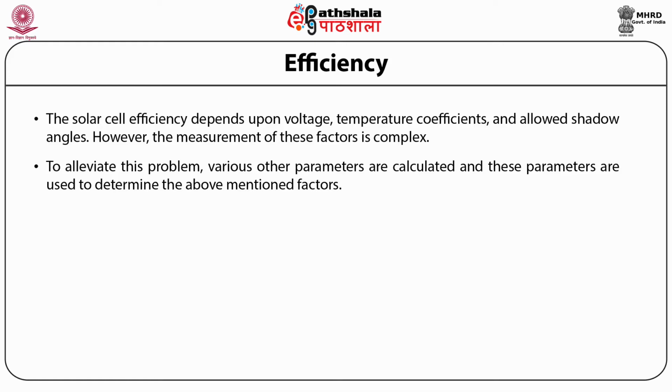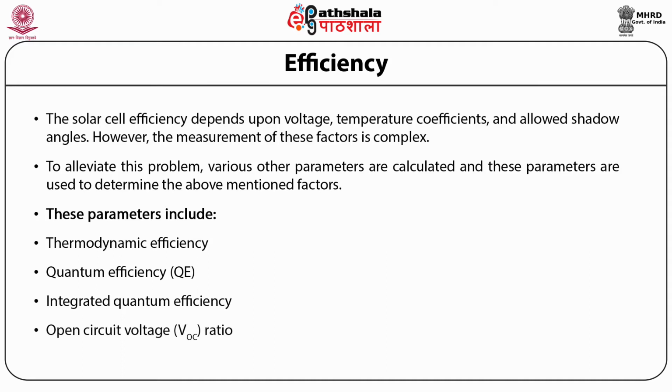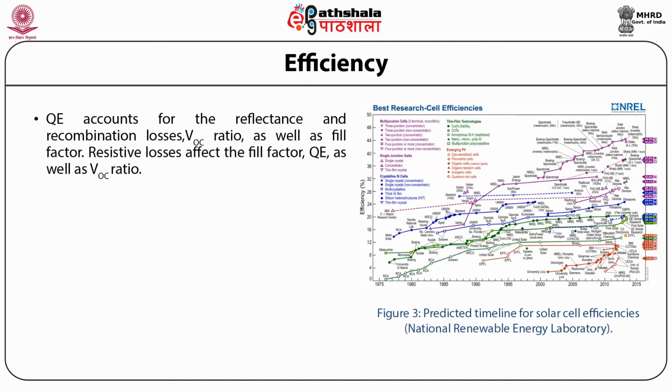These parameters include the thermodynamic efficiency, quantum efficiency, integrated quantum efficiency, open circuit voltage ratio, that is VOC, and the fill factor. Quantum efficiency accounts for the reflectance and recombination losses, VOC ratio, as well as the fill factor.